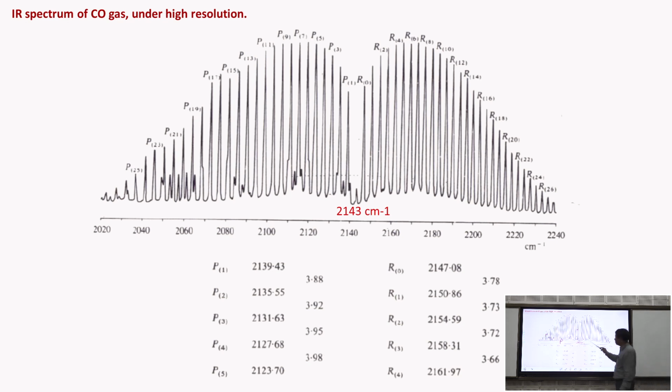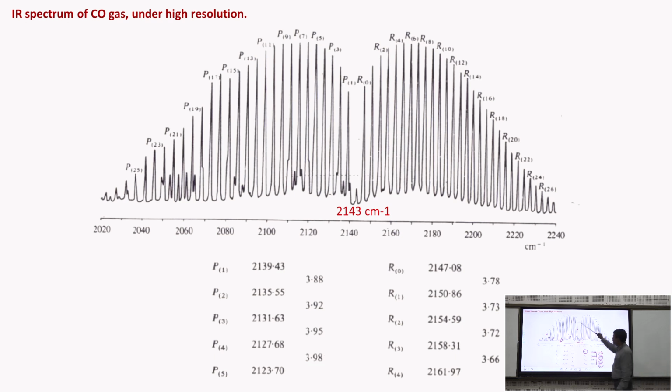Again the problem is in the R branch. In the R branch, let us see. R0 appears here, R1 appears here. So the difference between R0 and R1 is 3.78. The difference between R1 and R2 is not 3.78, it is 3.73. The difference between these two is again decreasing, again decreasing. So this side it is decreasing.